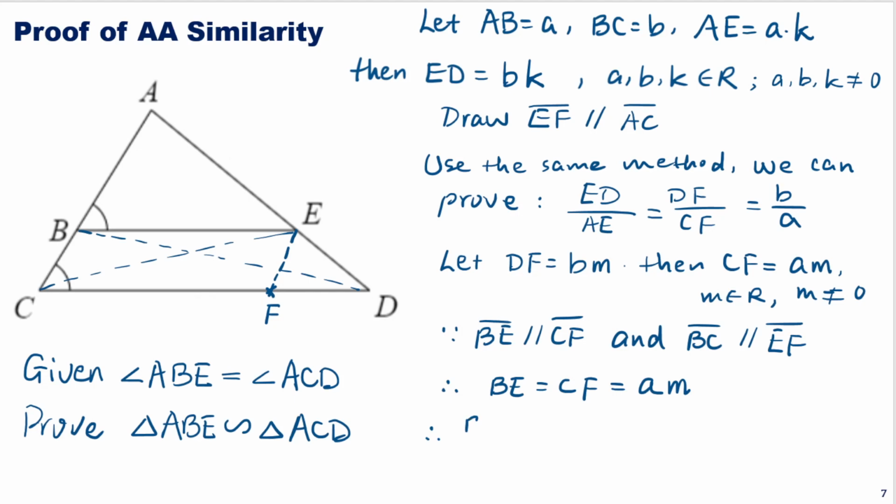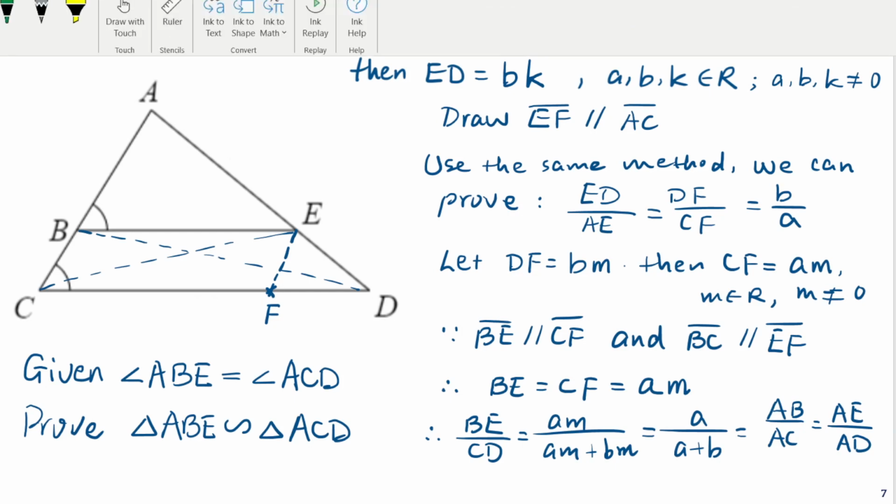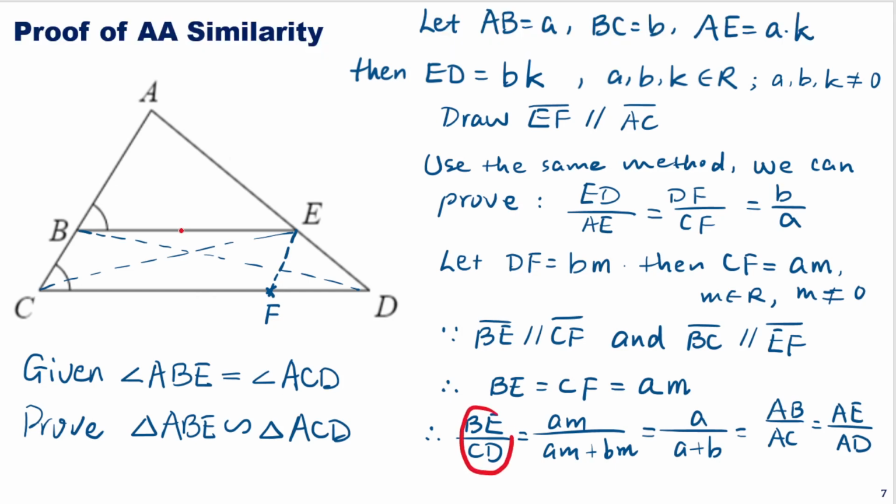Therefore, we know BE over CD is AM over AM plus BM, which equals A over A plus B, which also equals AB over AC, which also equals AE over AD, right? Therefore, you have proved that BE over CD equals AB over AC equals AE over AD, which means corresponding sides are proportional, right?